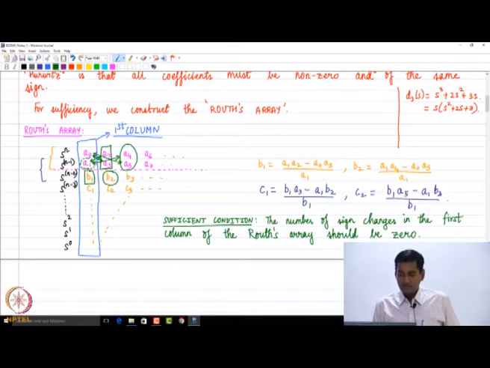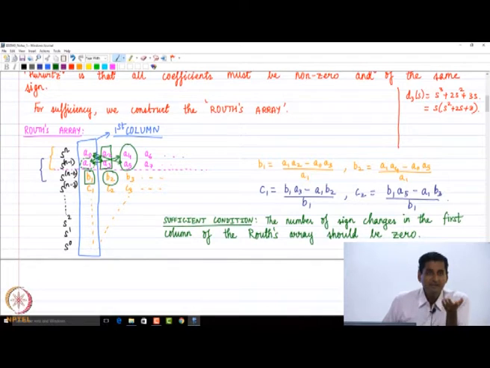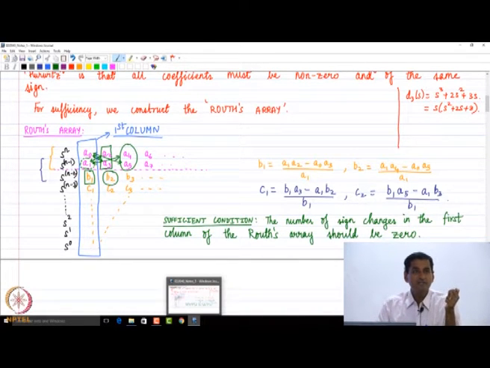So please note that for any general polynomial of order n with real coefficients, the necessary condition is that all the coefficients must be non-zero and of the same sign. The sufficient condition is that the first column of the Routh array, once you construct it, should not have any sign changes.